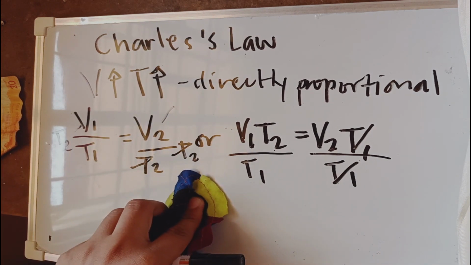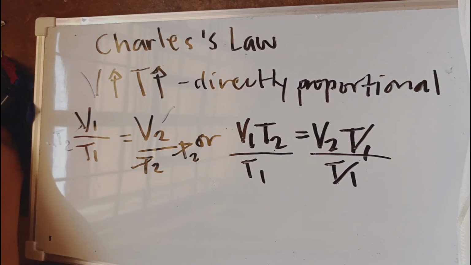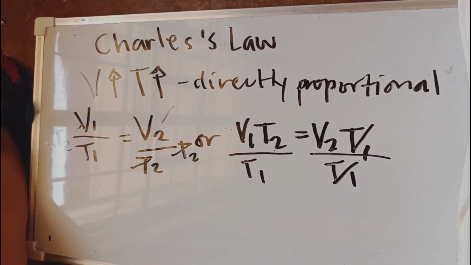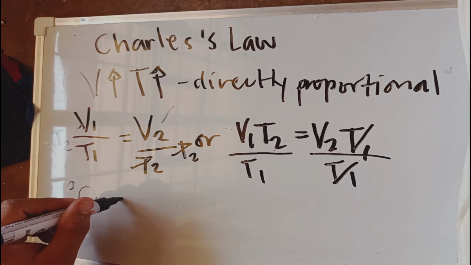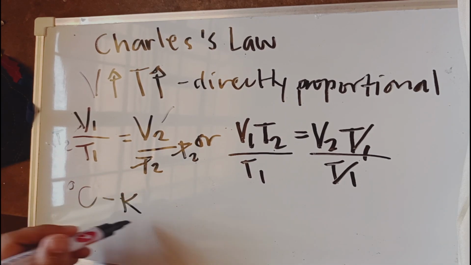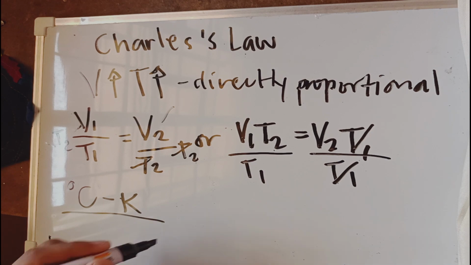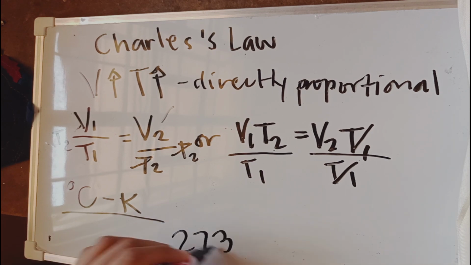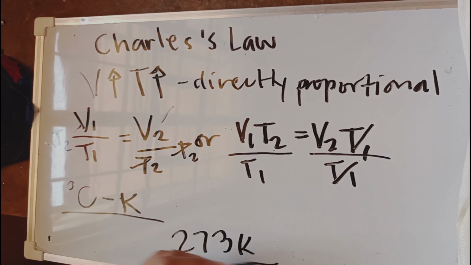Okay, this time let's try to solve something. Take note that it's talking about temperature, so you need to convert the degrees Celsius to Kelvin temperature. You just add 273 to the degrees Celsius so that it turns to Kelvin.